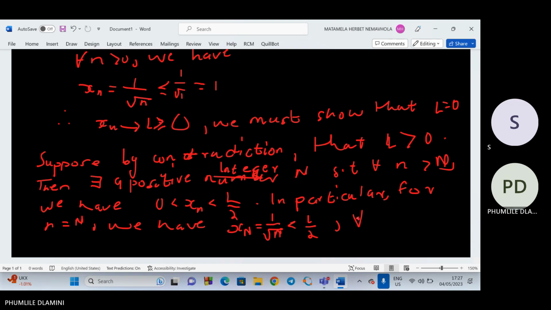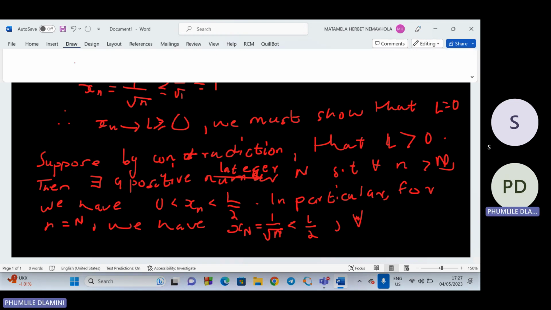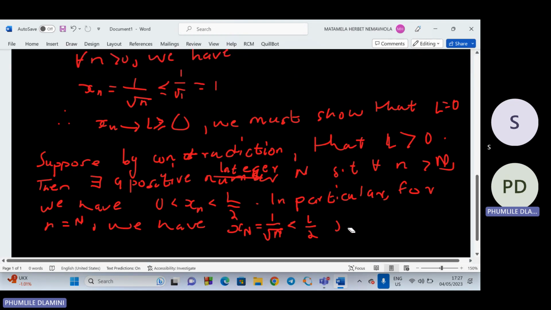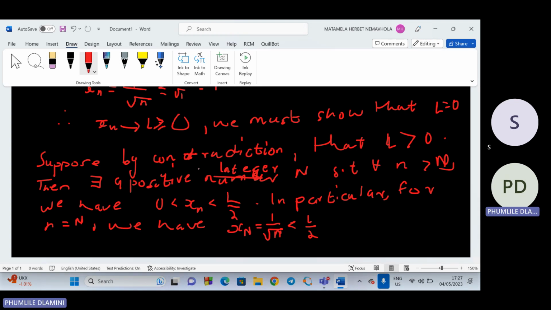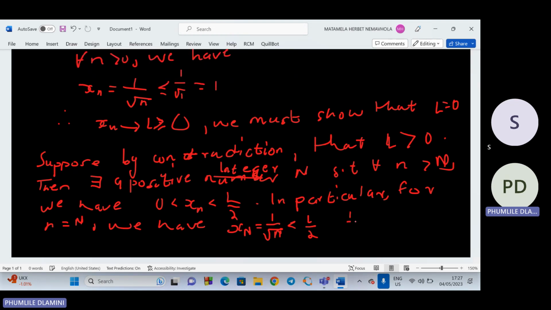Not for all n, we must not write for all. Let me just write this. So now when I have this, if I square both sides, I want to know what is N. If I square 1 over square root of N, I'm going to have less than L squared over 4.